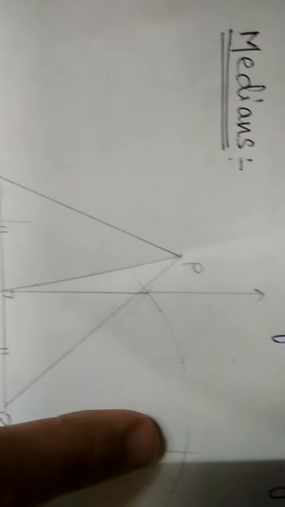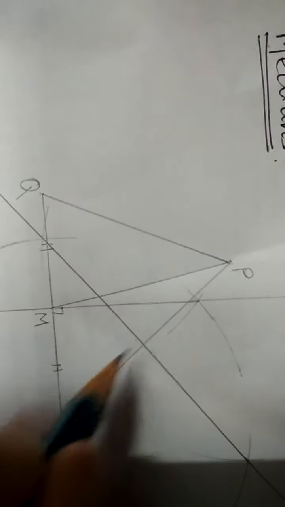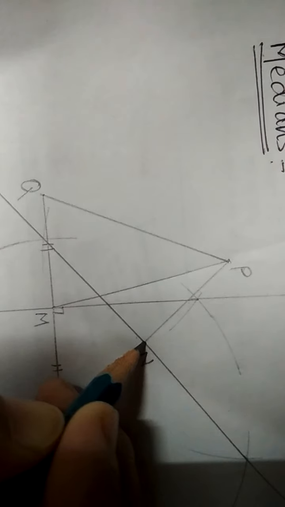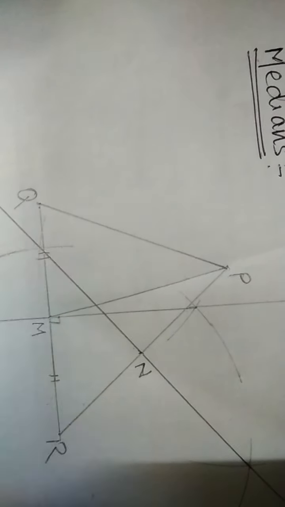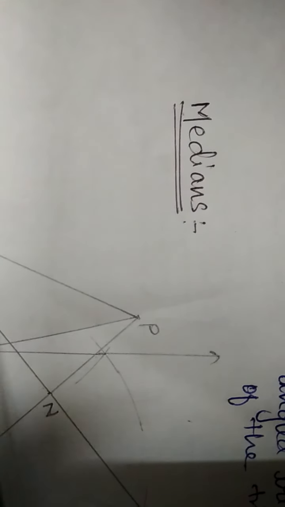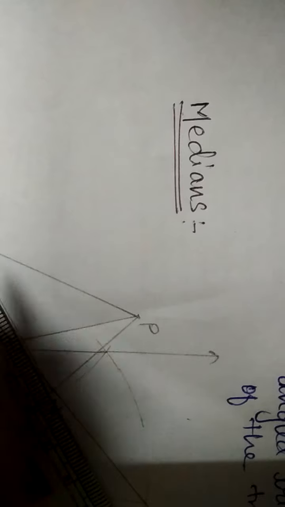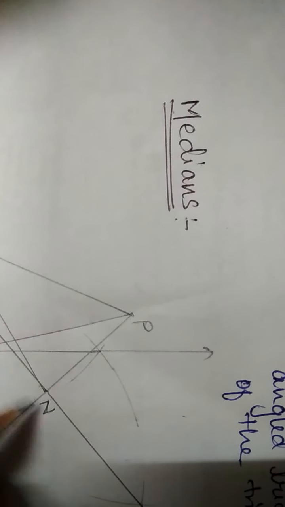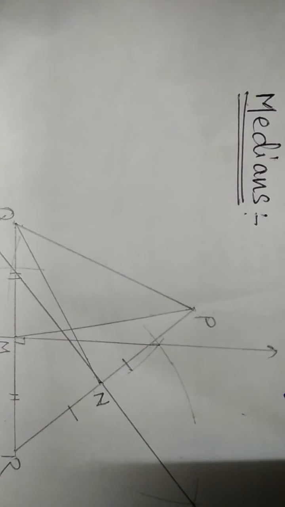You can see these two arcs intersect. Join these intersection points with the scale, and take the point where it meets PR as N. From the point N we join the opposite vertex, that is Q. So QN is the median of PR, and PR is divided into equal parts. Similarly we will do it for the third side.